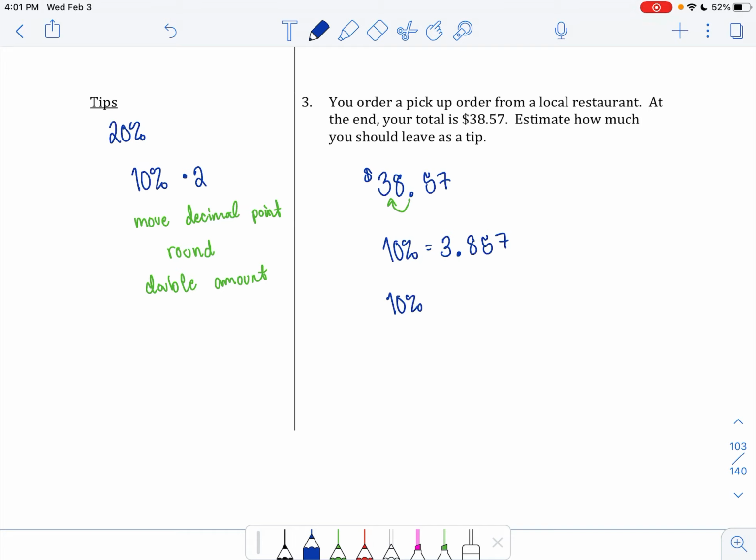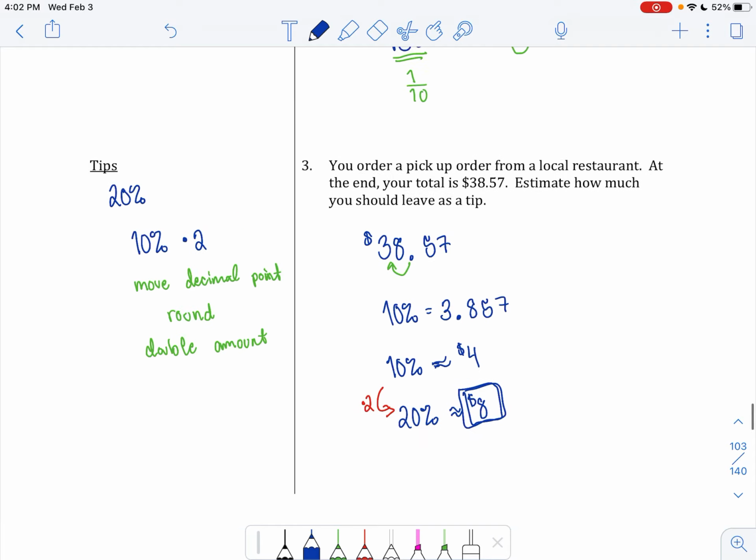Usually when I'm figuring a tip, it is in my head, I'm not using the paper, and it's absolutely fine to use your calculator, but if I see 3.857, I'm going to say that 10% is approximately equal to $4. So the tip I should leave, multiplying by 2 to get to the 20% tip, is about $8. And with tips especially, it's close enough. Just be careful that you're not rounding down too much so that you're leaving significantly less than a 20% tip.